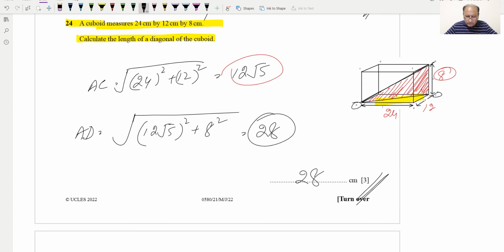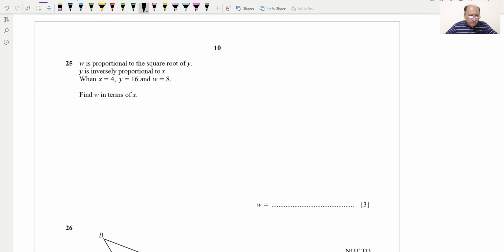Hopefully you understood this. Now question number 25. Question 25 is a little tricky, but it's not very difficult. W is proportional to the square root of y. So we can write W is proportional to square root of y.